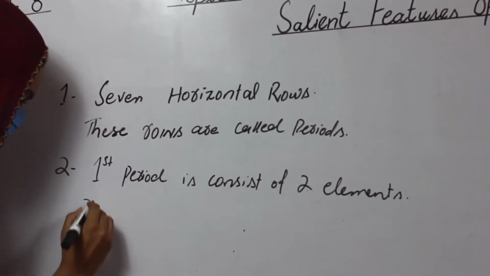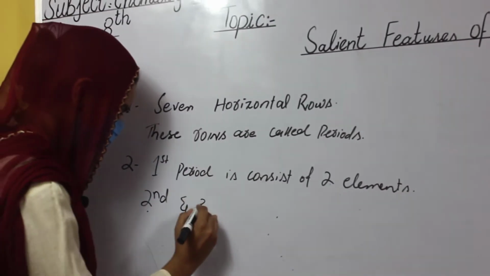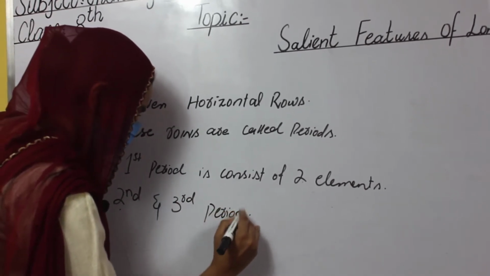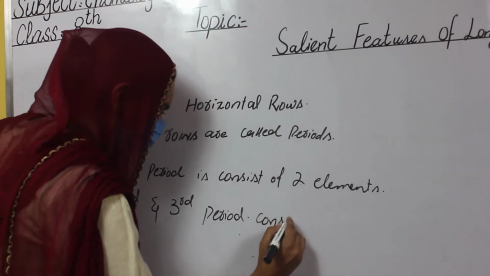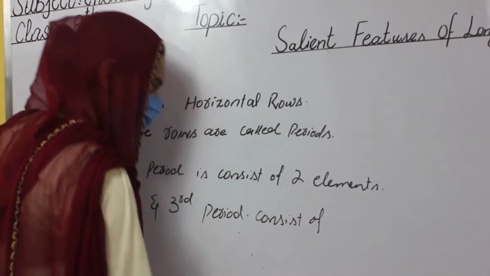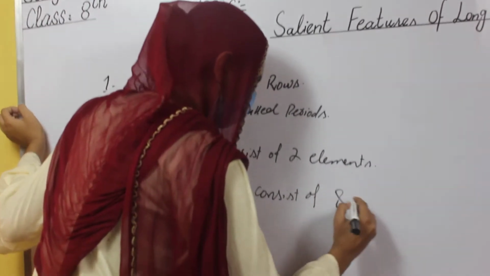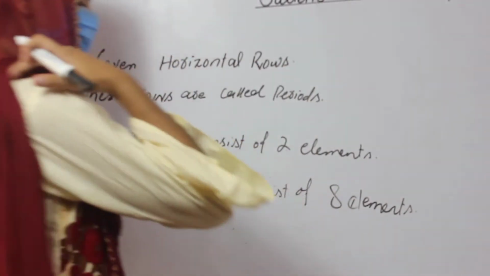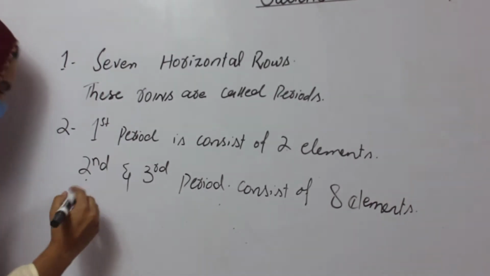The second and the third periods consist of 8 elements. Basically, it's the numbering of the elements in a periodic table.